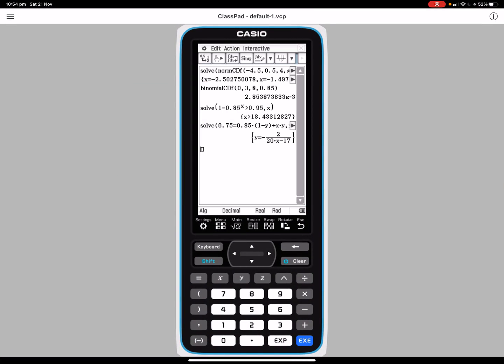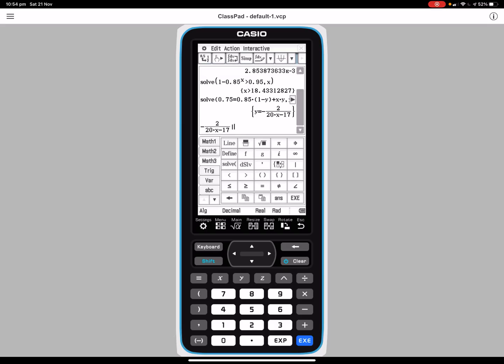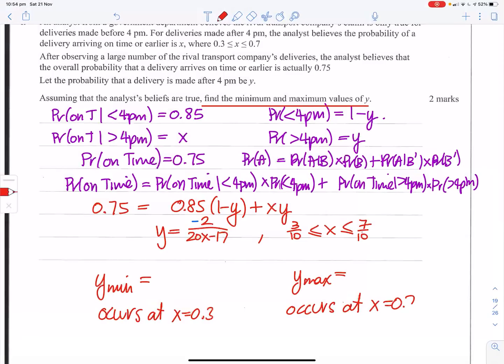So now, given x is 0.3 and 0.7, we get 2 over 11, 2 over 3. Frickin' hell, that's a lot of a question for 2 marks.